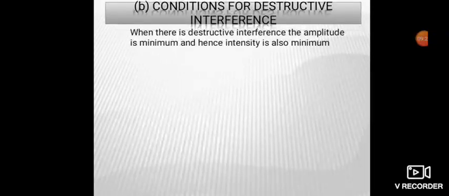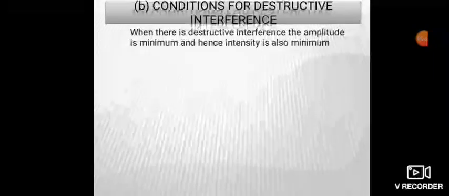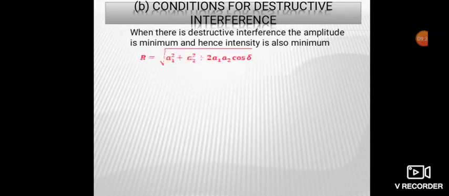Similarly, we can study what the conditions for destructive interference are. When there is destructive interference, we already know the amplitude is minimum and hence the intensity is also minimum. So again, the equation R is equal to the square root of A1 square plus A2 square plus 2A1 A2 cos delta. When R is minimum, cos delta is equal to minus 1.